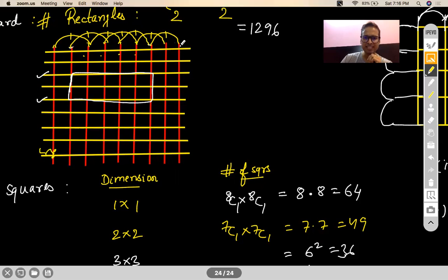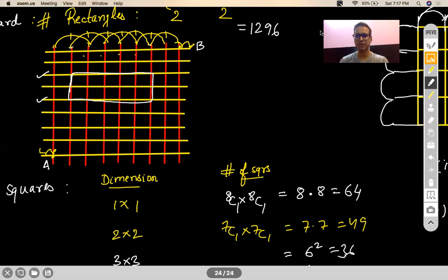In how many ways or how many paths can the mouse choose to reach this point? Starting from this point, let's say point A, he has to reach point B. He can only move right or up, and that by 1 unit at a time. How many ways can he reach from A to B?